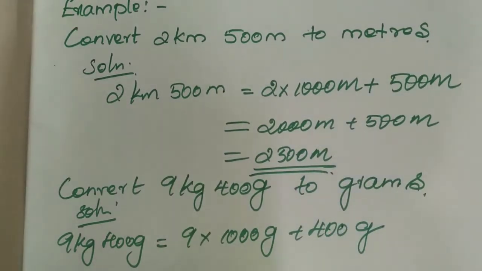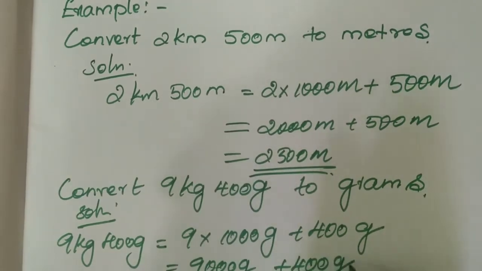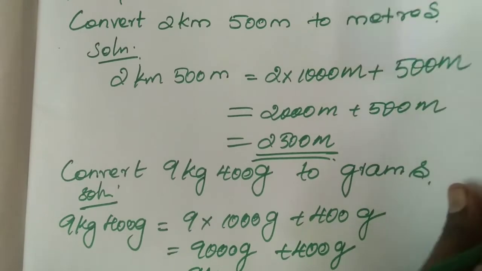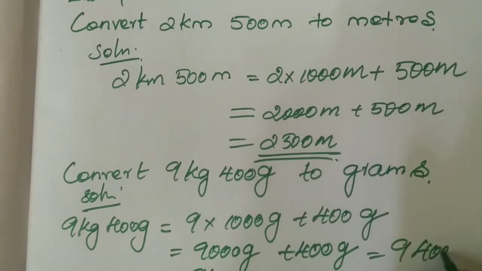That's 9000 gram plus 400 gram, which is equal to 9400 grams. This is the answer. Are you clear guys?